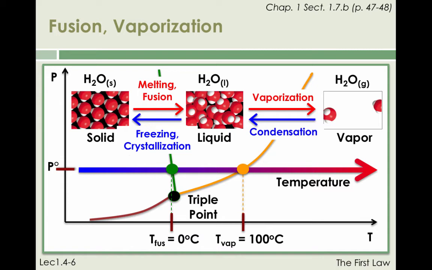In general chemistry, you may have been taught that the latter process is called freezing. I would prefer that you use the word crystallization over freezing, because crystallization does imply the formation of a crystal phase from the liquid phase.